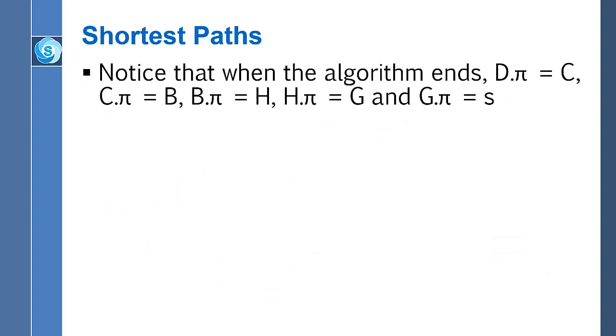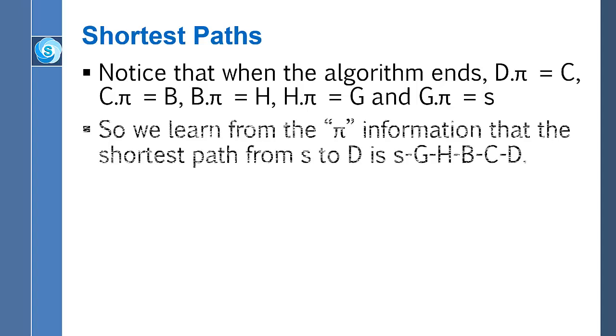If you check all the details at that point, you'll see that D.pi is equal to C, C.pi is equal to B, B.pi is equal to H, H.pi is equal to G, and G.pi is equal to S. So that right there gives us a shortest path that takes us from D back to S. And then if we simply reverse that path, we then have a shortest path from S to D. Okay?